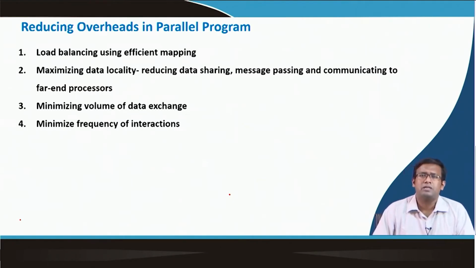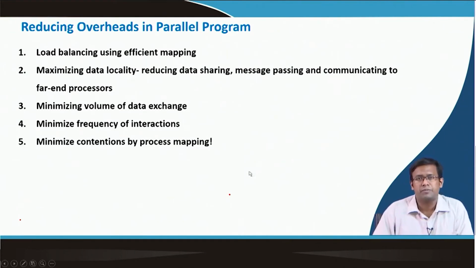As many data transfer calls will be there, the startup time will be cumulatively increased. So, if we can reduce the frequency of interaction, that means if we have to send a large piece of data, instead of breaking it into smaller pieces and sending it in many goes, if I can take the whole data and send it in one go, that will probably reduce the overhead.